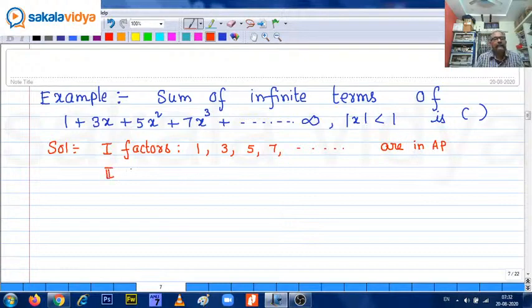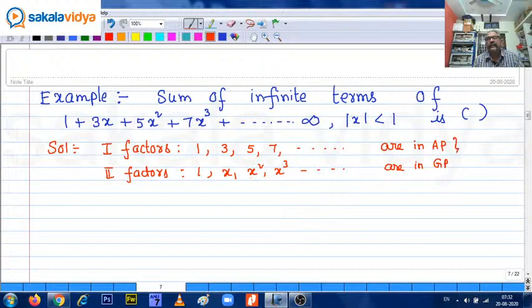Second factors, second factors means 1, x, x square, x cube dash dash are in geometric progression. That means given series is in AGP, arithmetic geometric progression. Here we are asked sum to infinity.